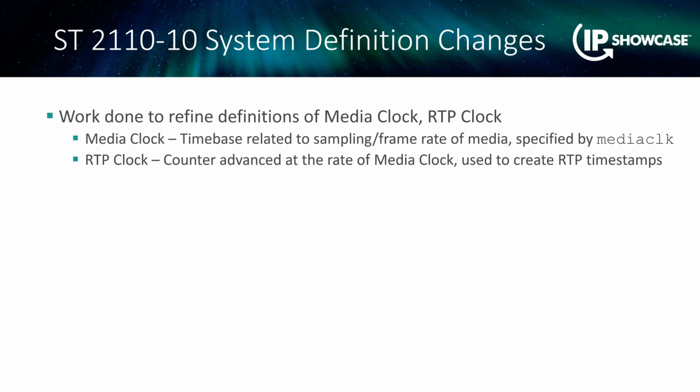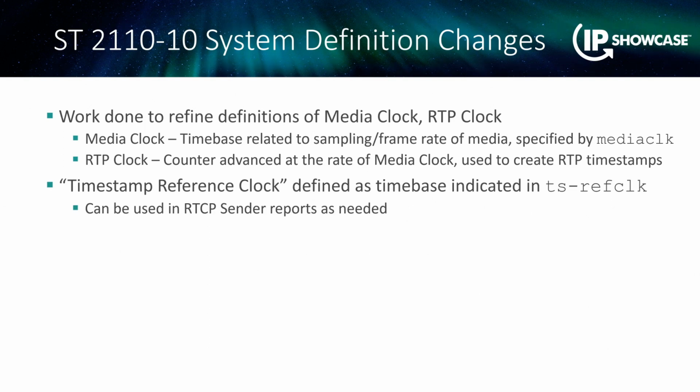So we have the media clock, which is inherent to the media, whether it's audio or video. Whatever clock was used to create that is considered to be the media clock. The RTP clock is a way that we put timestamps on packets. So that's how the network knows and the receiving device knows how those packet times work together and how they relate to the actual media.